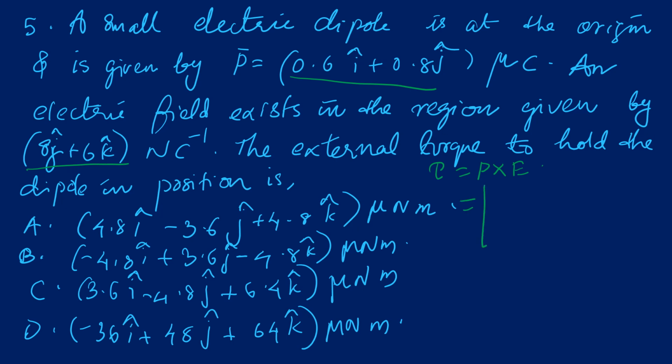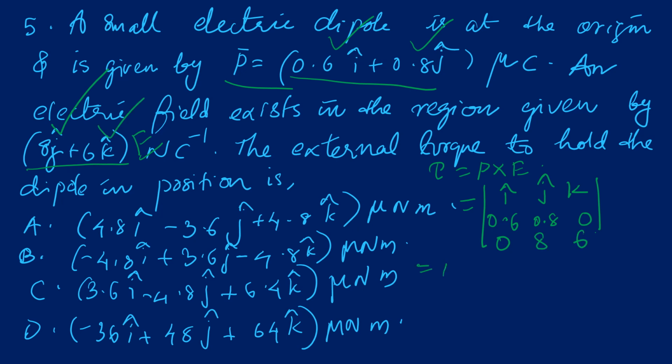Here we can find out using determinants, that is i, j, k. P value is given, that is 0.6 i, and j is 0.8. There is no k value. And for E, there is no i value, so it is 0. And j value is 8, k value is 6.